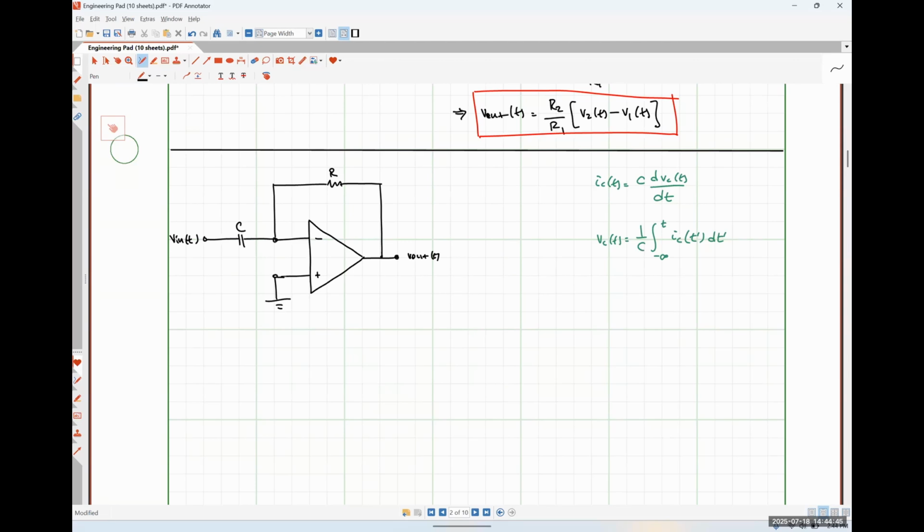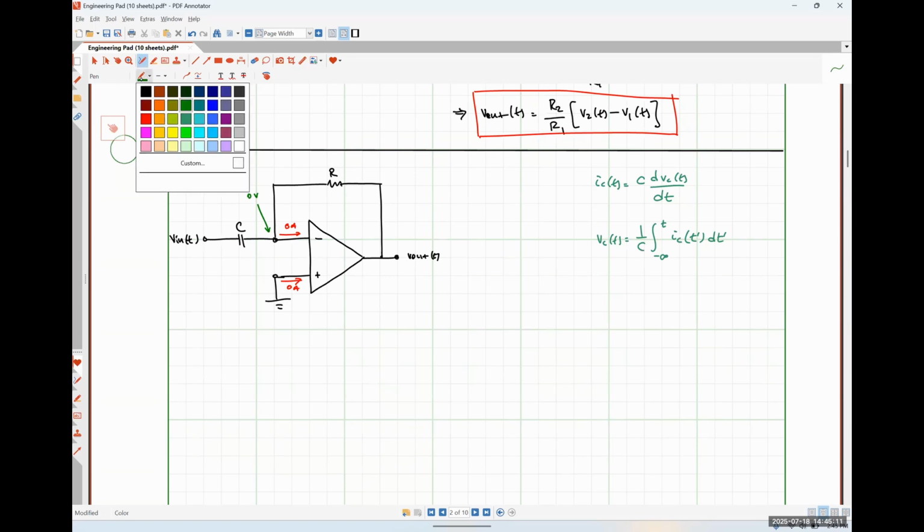Okay. All right, so we know that this current is 0 amps and this current is 0 amps. We know by observation that the voltage present at our non-inverting input terminal is 0 volts, which means the voltage here at our inverting input terminal is also 0 volts.